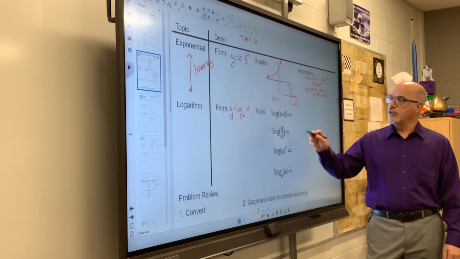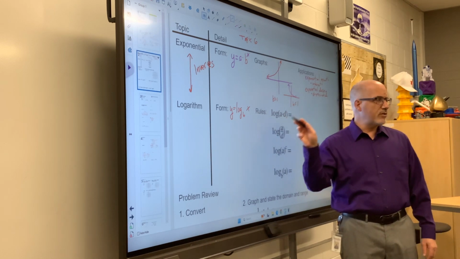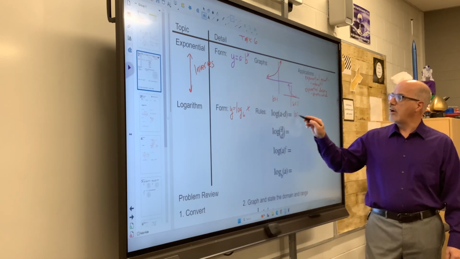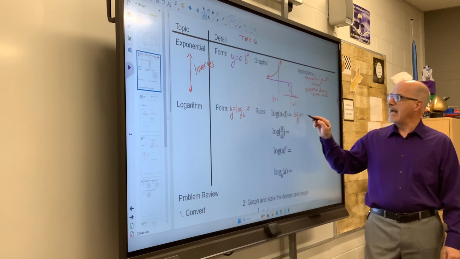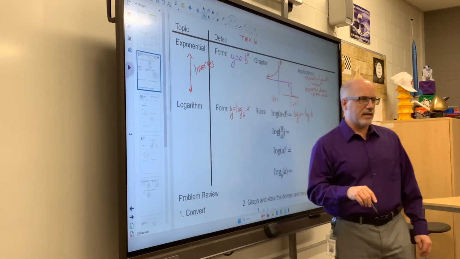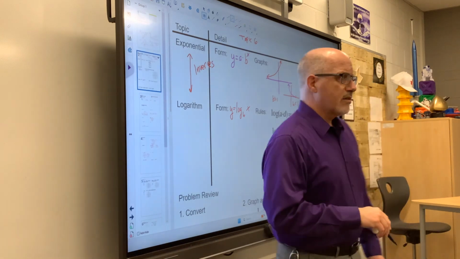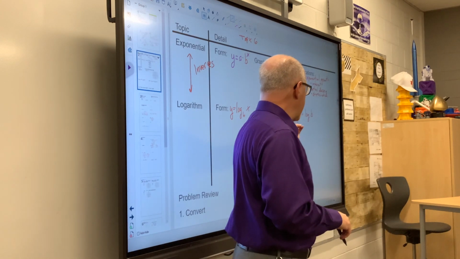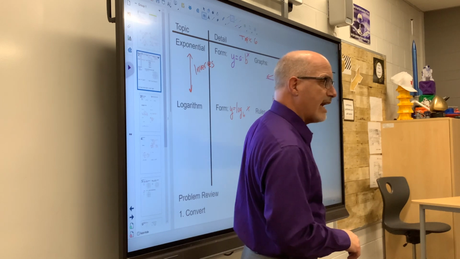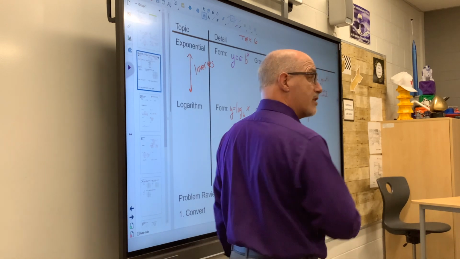These 4 rules, you need to remember that if you multiply 2 things inside of a log, that means you can take the 2 logs and add them together if they've got the same base. So 2 things multiplied inside of a log, we can add the logs. If you've got 2 things being divided inside a log, then we subtract them.